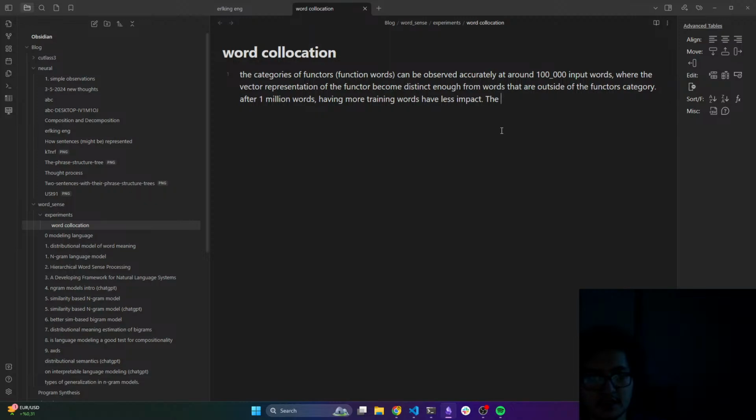The semantic similarity of functors can be captured with as little as the 100 most frequent words as distributional context.